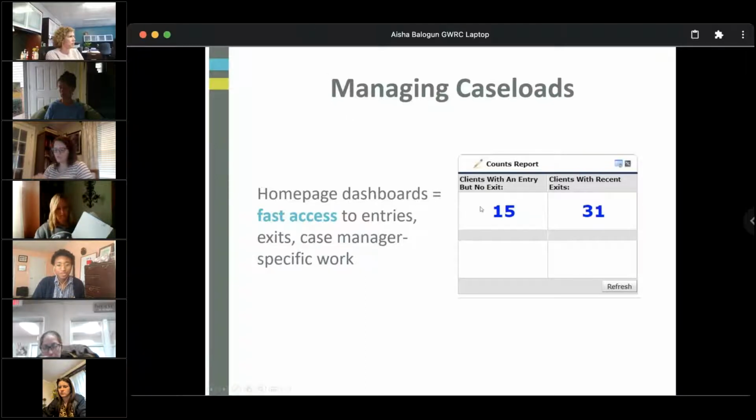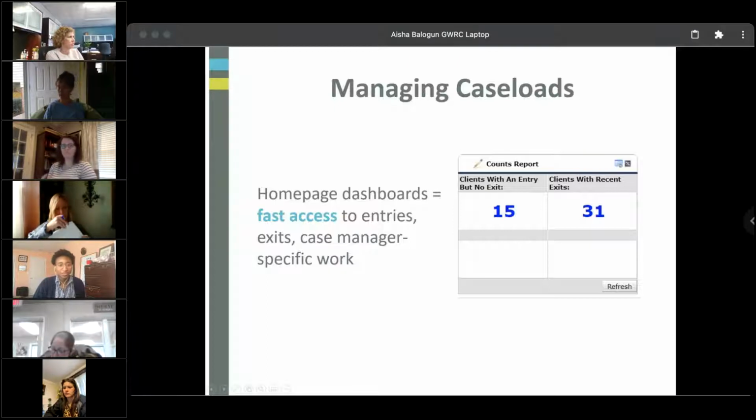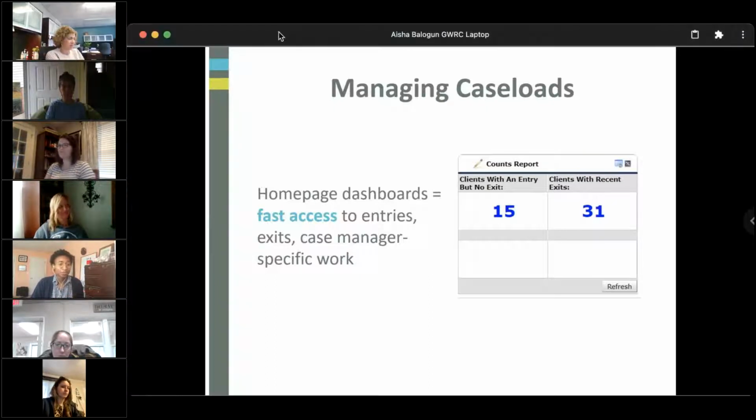And if this were actually HMIS, we'd be able to click on the numbers and see the specific individuals that they're counting. So this is another way that we can use data and use HMIS to our advantage. And if you have questions about how to set this up, you're free to email me and I can walk you through the process. But I did want to highlight that in case anybody wasn't aware of that functionality yet.